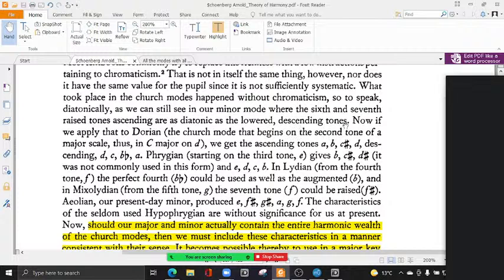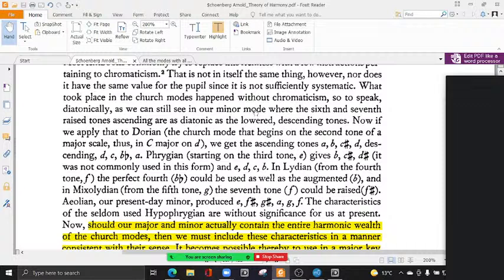What does it mean? Okay, let's break it into parts. If the beginning is understood, everything will be easier. As we can still see in our minor mode, which is the minor mode?